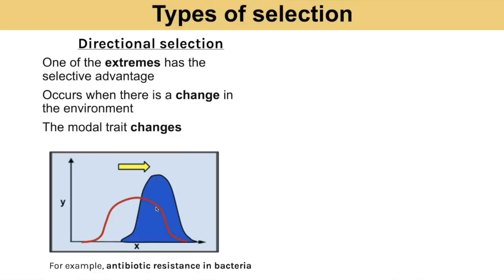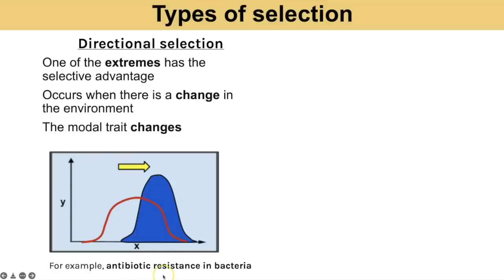Now, the types of selection that occur are directional selection and stabilizing. Directional selection is when the advantageous allele is coding for an extreme trait. So this links to your antibiotic resistance example. And if we think about the traits being low resistance, medium, high resistance, the extreme traits would be either very low resistance or very high resistance.